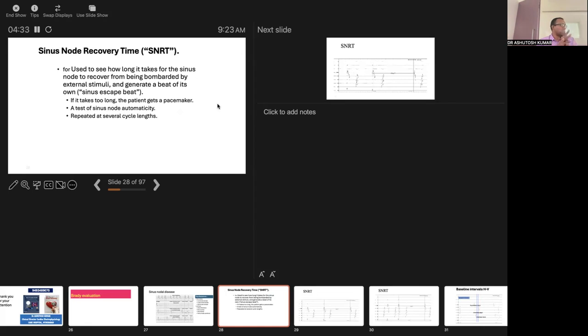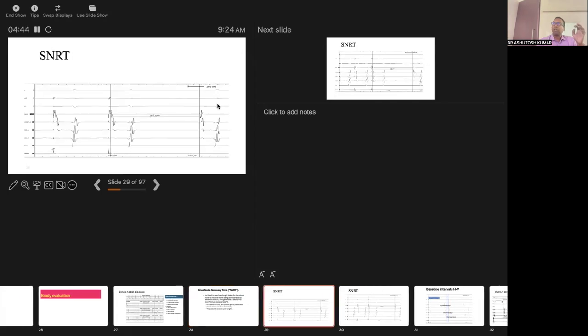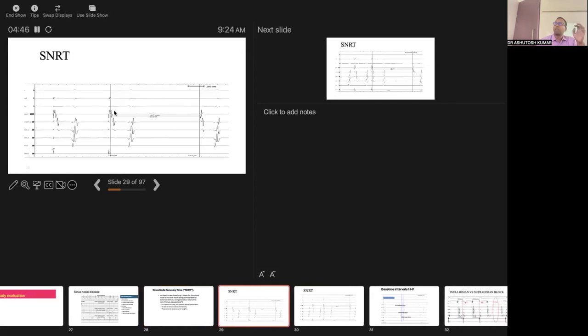It should not cross 1225 when the pause is happening, or it should not cross the baseline. We have paced here, and the sinus beat is coming here. This time is 117, so 1325 is the time period.